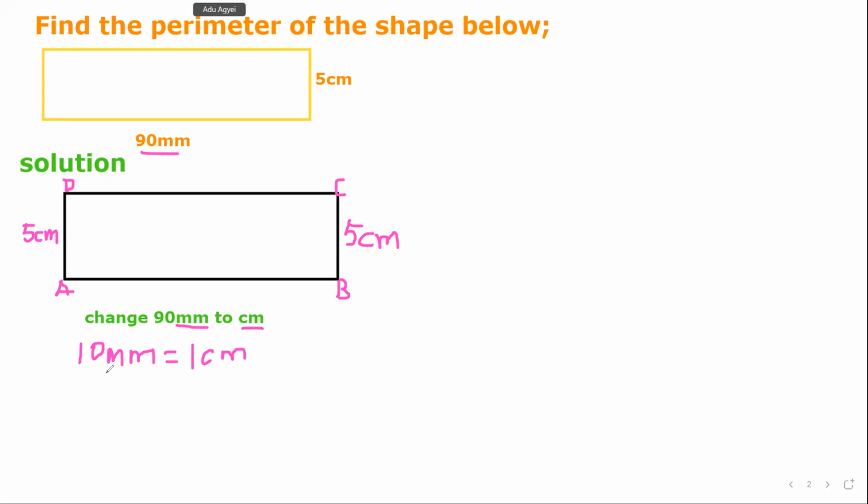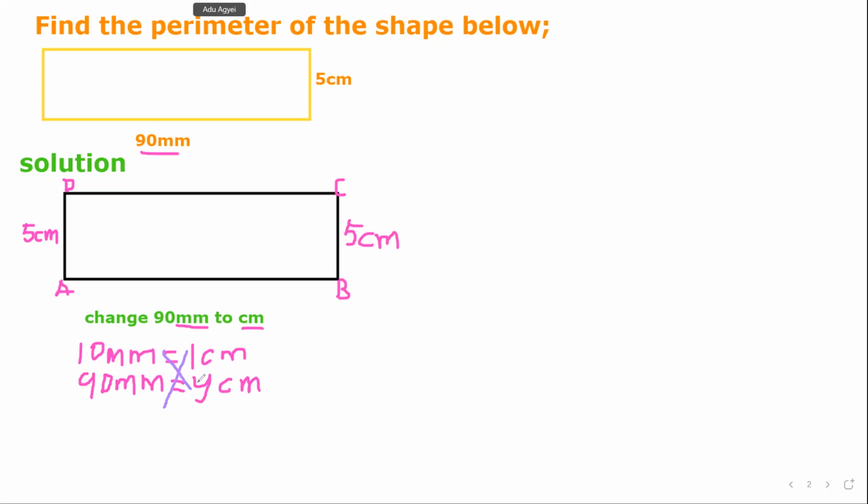Then you record the 90 under the millimeters, because this one is 90 millimeters. So you record it under the millimeters here, which is equal to, you choose any letter. So let me choose Y centimeters to represent that. Then you do your cross multiplication.